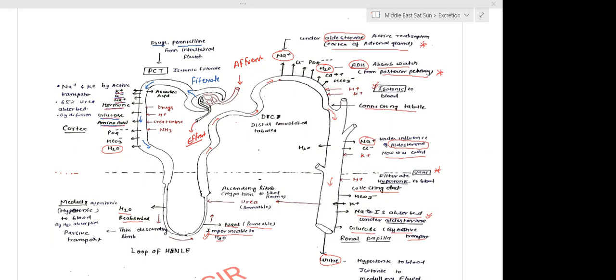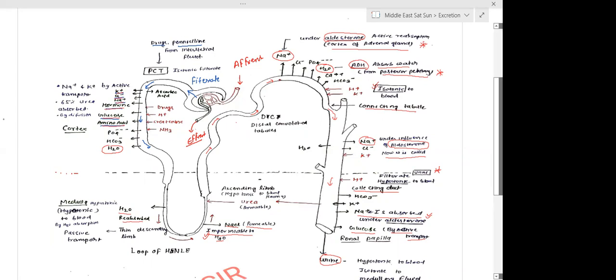Next point. The glomerular filtrate contains. So we are talking about this filtrate, right? Which has been filtered over here.